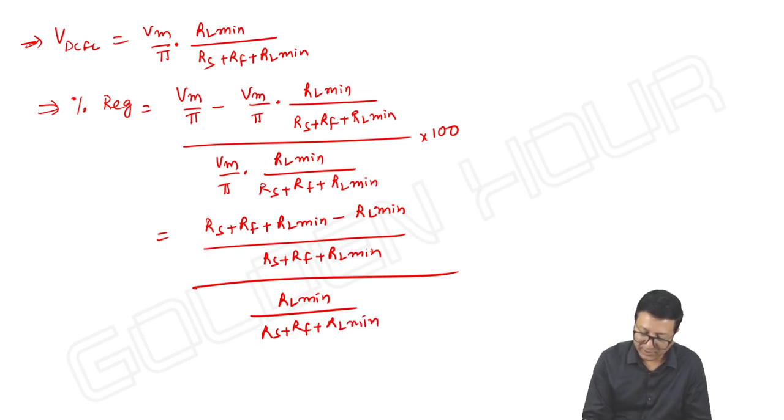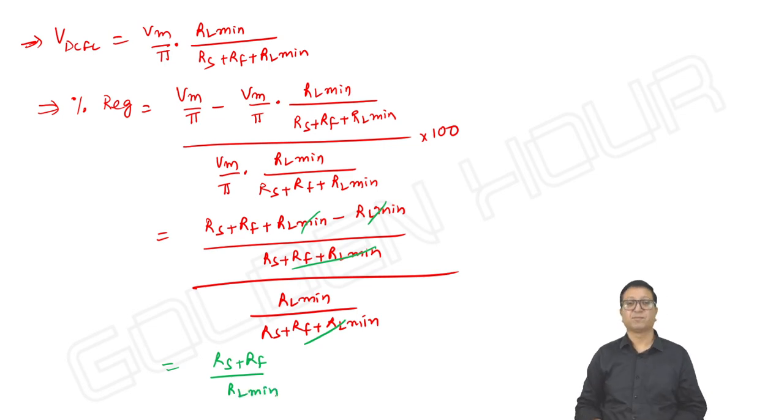Further I can cancel this term and this term, these two will be gone. So it is RS plus RF by RL minimum. That's it. This is the formula for percentage regulation.